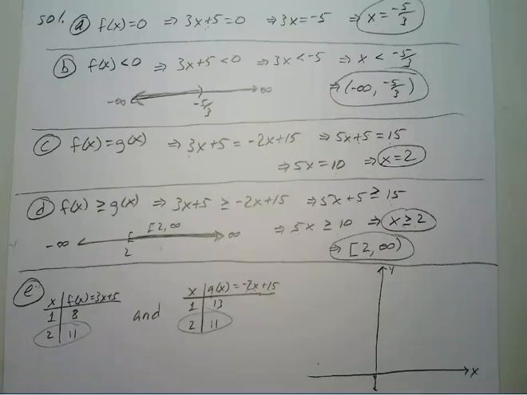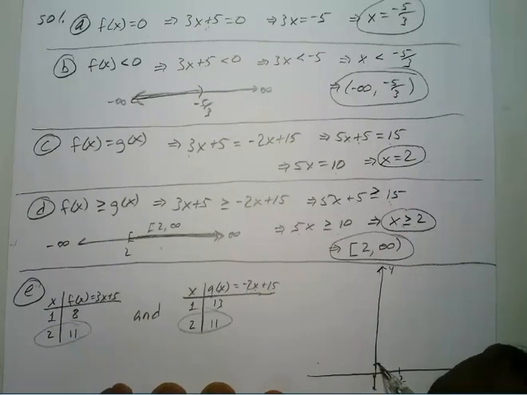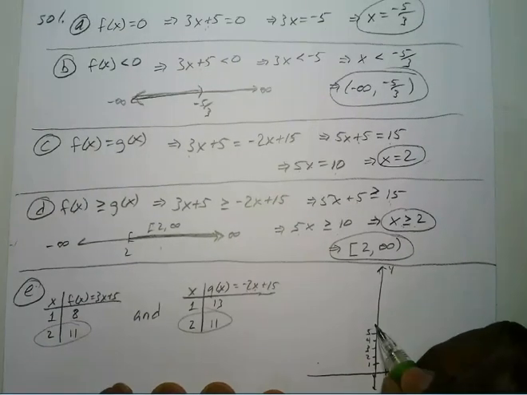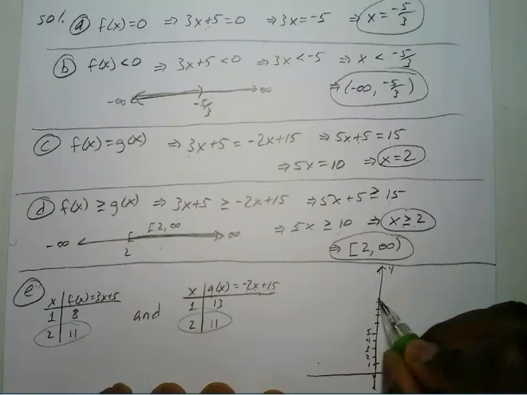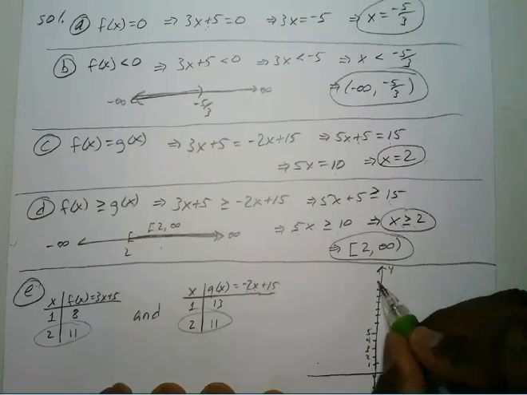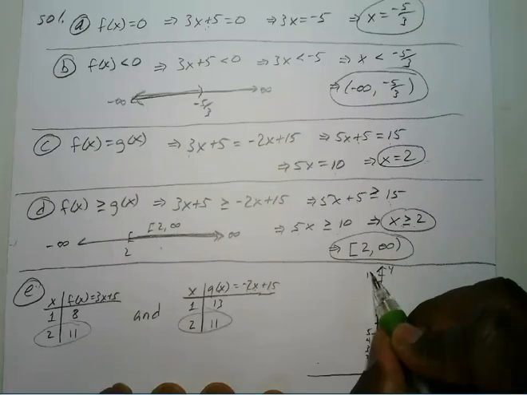Notice that. Okay, because remember, they're equal at x equals 2. That means that should be the point where they cross each other. Okay, so let's say 1, 2, 3, 4, 5, 6, 7, 8, 9, 10, 11, 12, 13. So let's say that's our 13 up here.